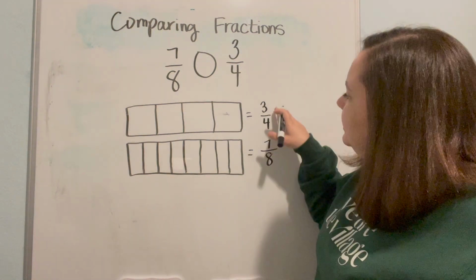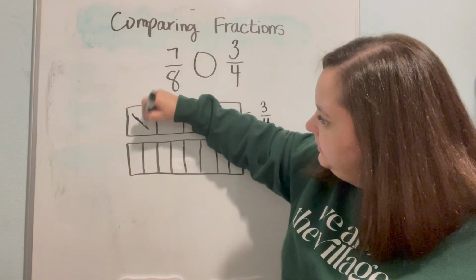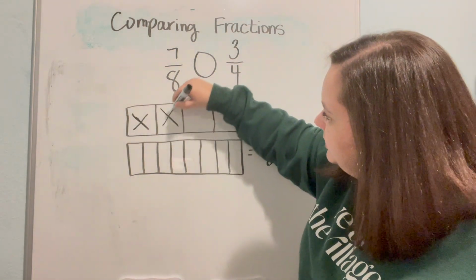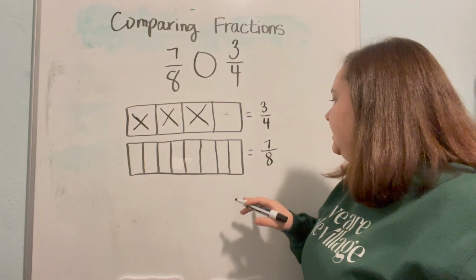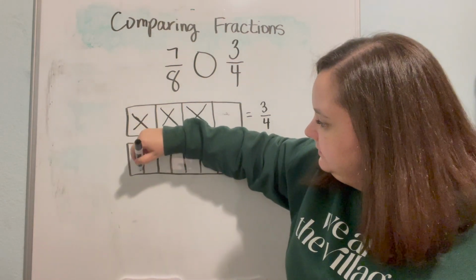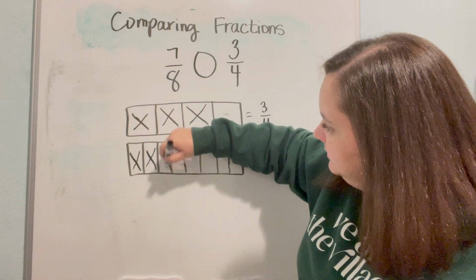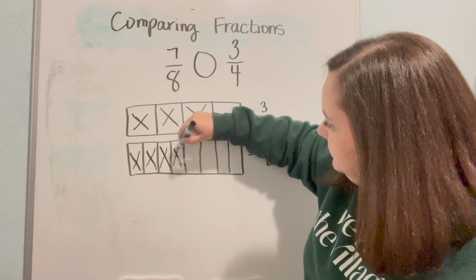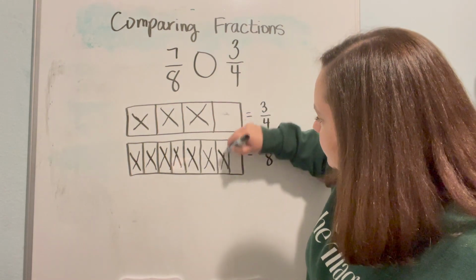Okay, so in our top model we need to shade in 3 out of the 4. So we have 1, 2, 3/4. On the bottom, we need to shade in 7 out of the 8. 1, 2, 3, 4, 5, 6, 7/8.